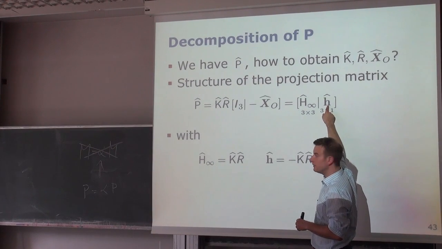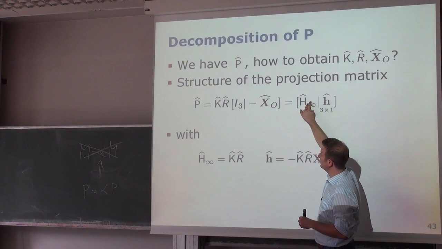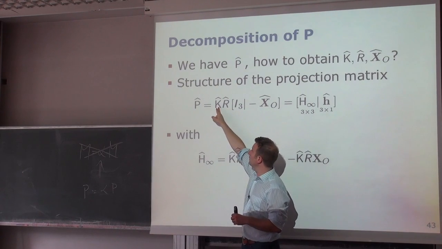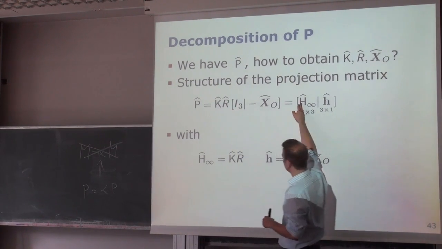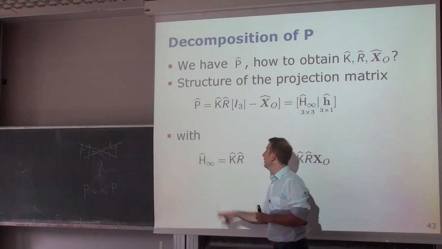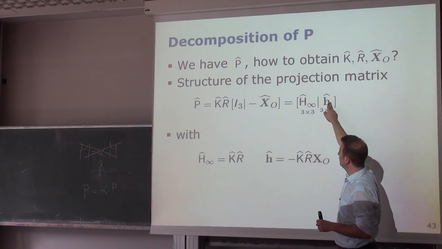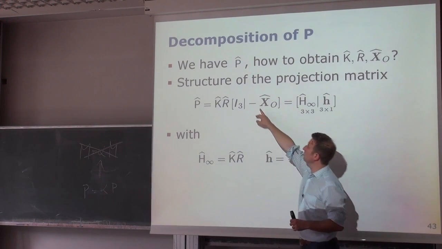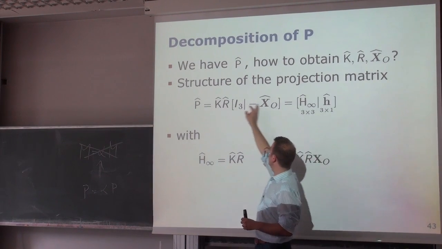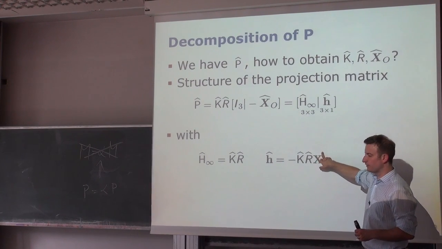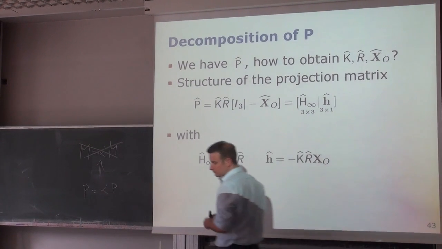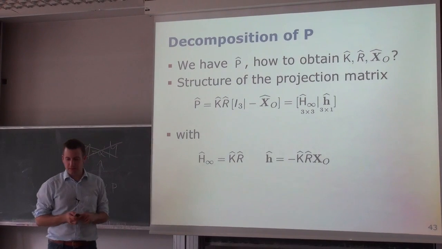So this element over here corresponds to K times R times the identity. This gives me H for this equation over here. And this h is minus K times R X0. Okay?